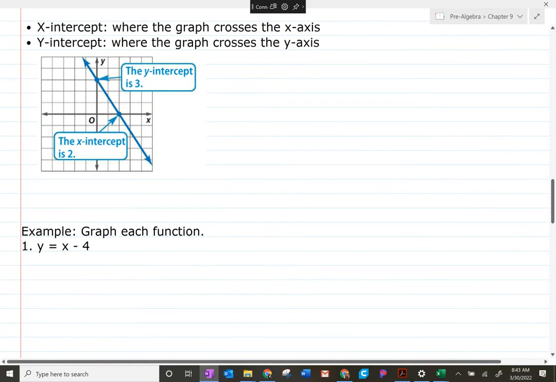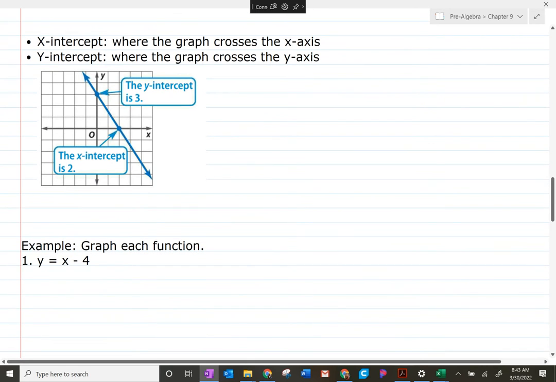So here is some stuff that I definitely want to talk to you about. We have 2 more sets of new terms here. One's going to talk about the x-intercept. One is going to talk about the y-intercept. And I'm going to explain them well. For whatever reason, people get confused on these ones and mix them up all the time.